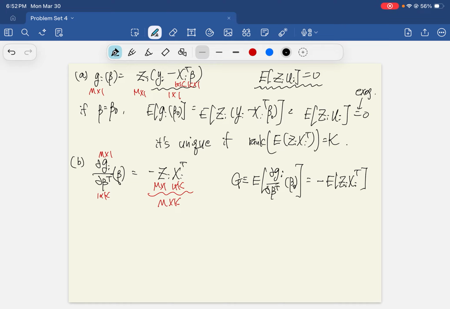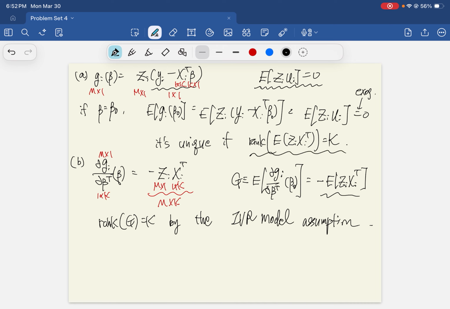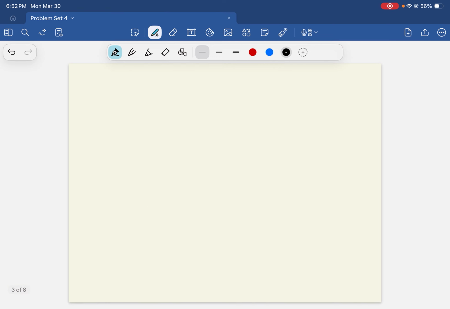And show that its rank is k. The rank of G is k by the IV regression model assumption, because we already assumed that for identification, so we have it here again.